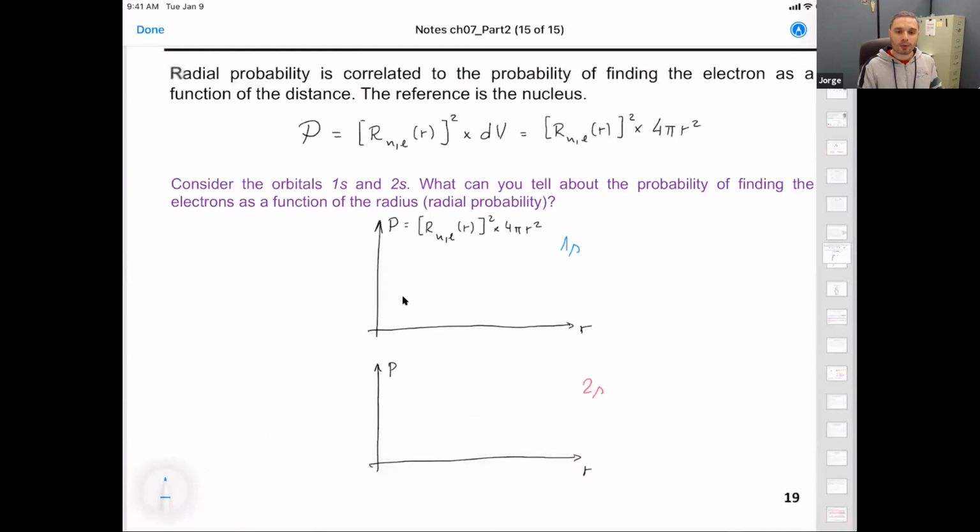Okay, which one is more likely to be found very close to the nucleus? It has to be the first shell, the very first shell, the best seat in the house. It's the one closest to the nucleus. If we graph this function, we are going to get something like that.